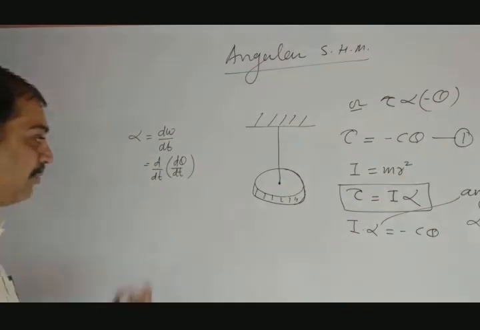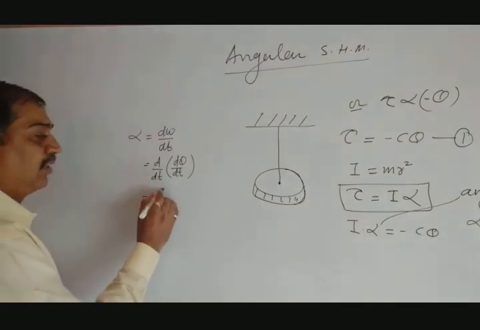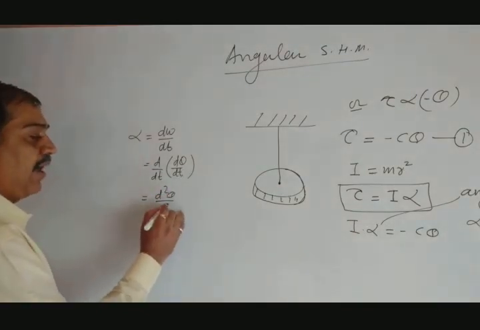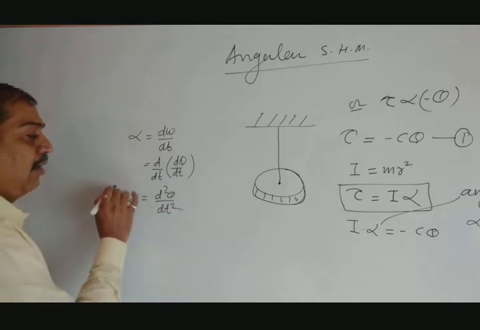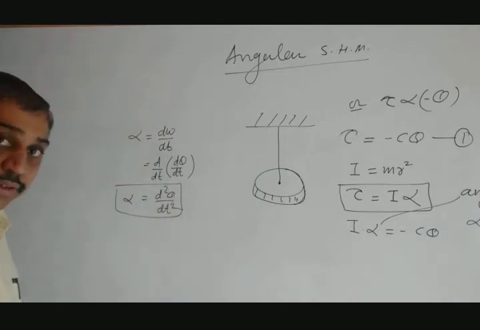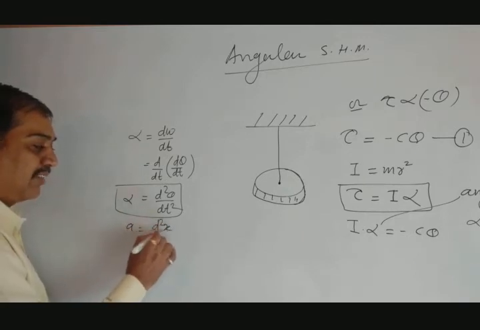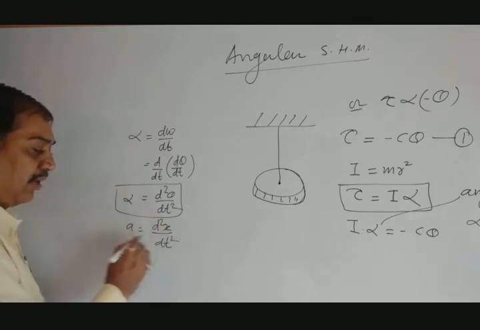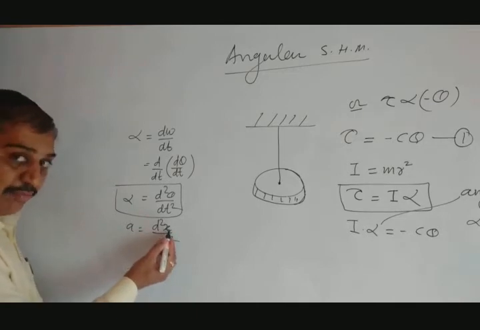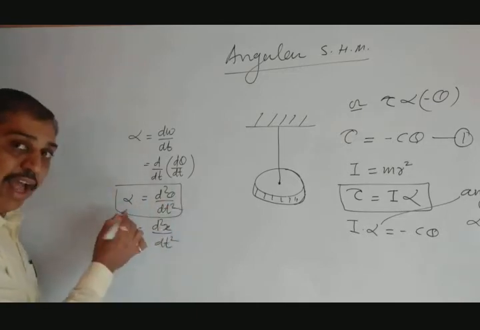Theta is the angular displacement. You can write this as alpha equal to d2 theta divided by dt square. It is similar to what we derived earlier, a equal to d2x divided by dt square: linear acceleration, linear displacement; angular displacement, angular acceleration.